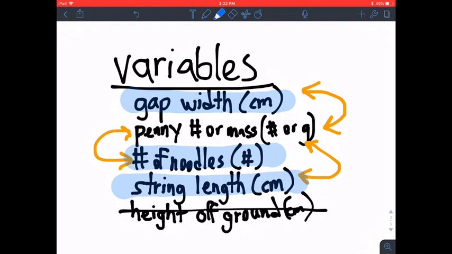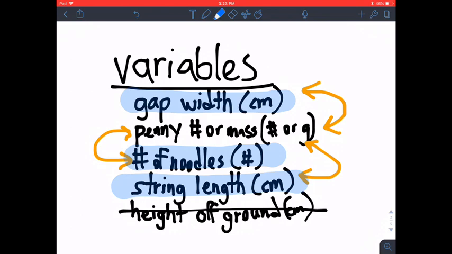Now, number of pennies is not actually an independent variable because the number of pennies is actually the number of pennies it takes for the spaghetti to break. And I don't control directly whether the spaghetti breaks at 5 or 10 or 15 centimeters. If I want to make the spaghetti hold more pennies, I have to actually change something else, like maybe I have to add more spaghetti, and then the number of pennies changes.